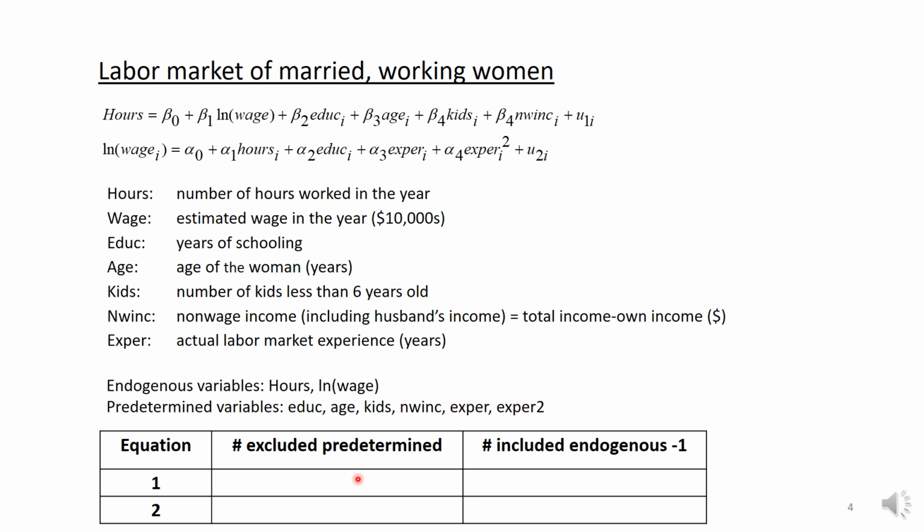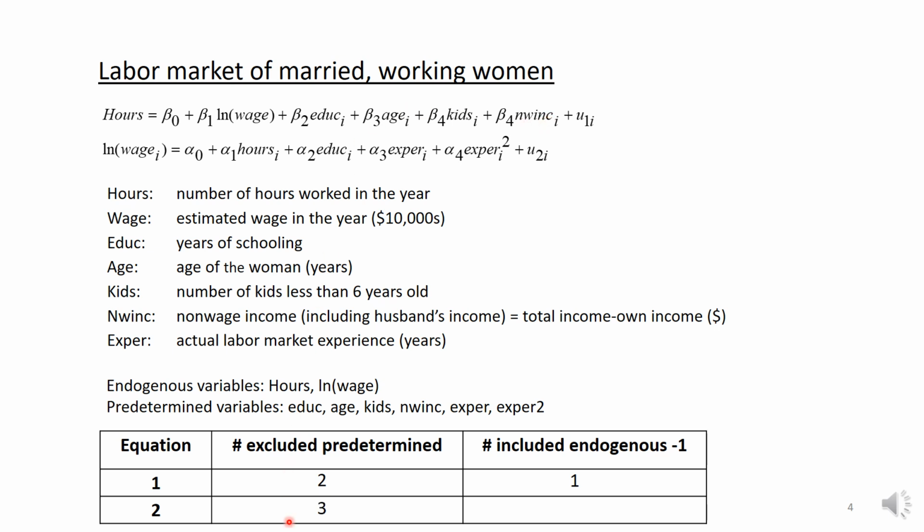So the number of excluded predetermined will be 2. The number of included endogenous, we have two endogenous variables, hours and log of wage. We have both, and minus 1, therefore it will be 1. So over here you have 2, which is greater than 1. Therefore, in this case, this equation would be over-identified.